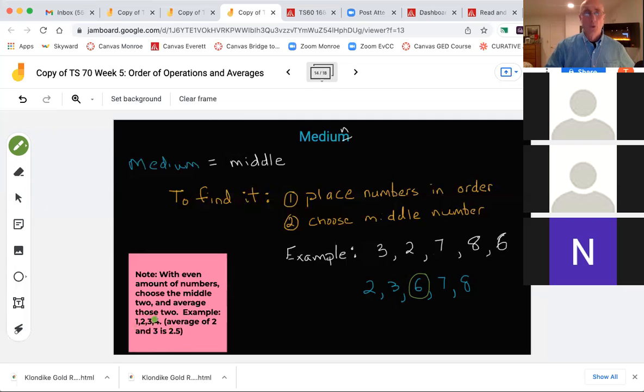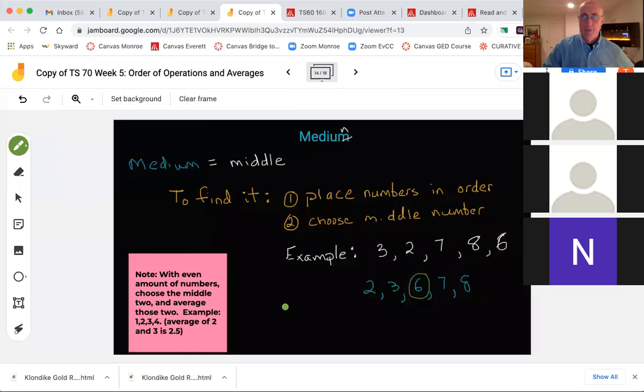So what you do is you add the 2 numbers up and divide by 2, because you have 2 numbers. You find the average of the middle 2 numbers. That's what this is saying. So if you wanted to write that down: if even amount, average of two middle. That's the concept for finding the median.